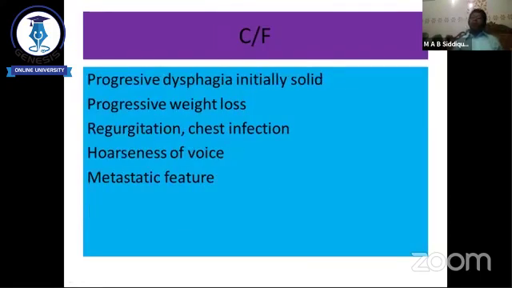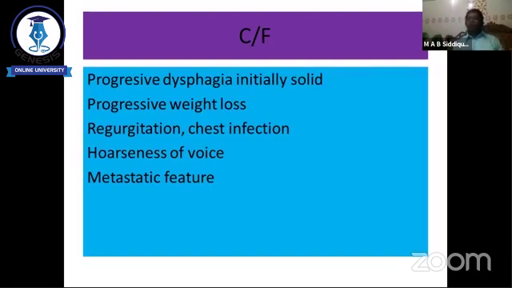So in case of carcinoma esophagus, what are the clinical features? Progressive dysphagia, initially for solids. The difference is that dysphagia in achalasia is more for liquid than solid, but in carcinoma esophagus it is initially more for solid food.